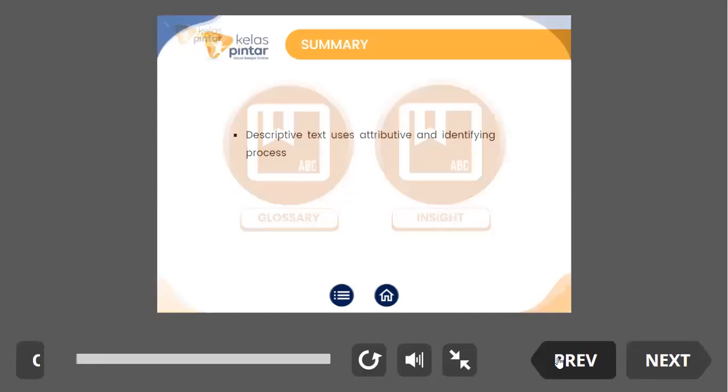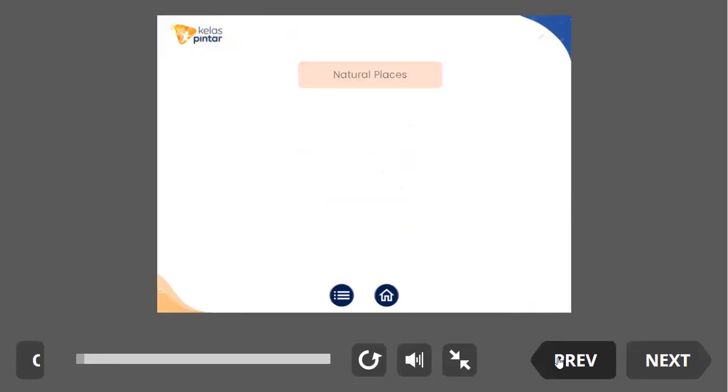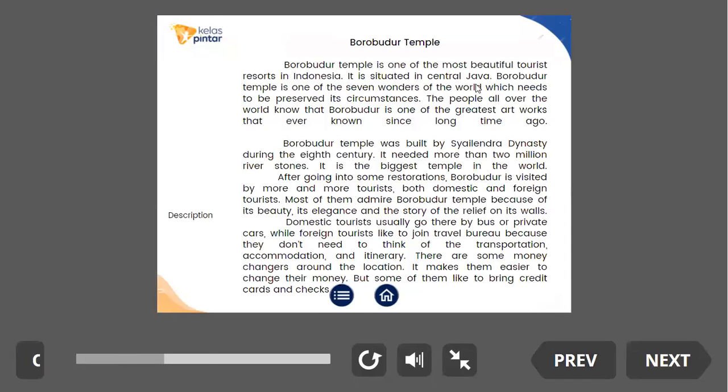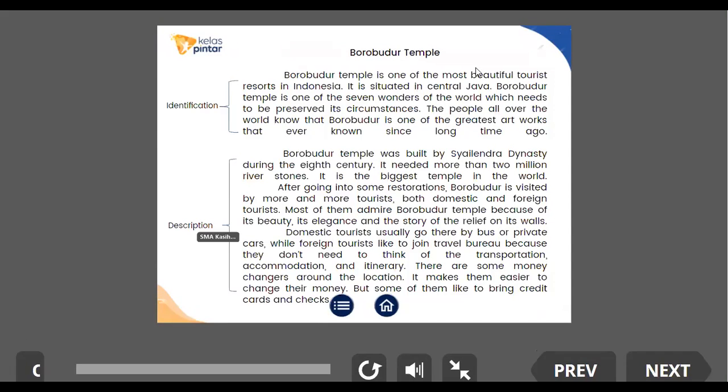Can you switch it to the text? Okay. Namanya juga descriptive ya, so it describes. Pasti ada gambaran, whether it's big or small, whether it's tall or short. This one. Which one? Big. Okay. This one. Okay, beautiful. Yep. What else? A lot.